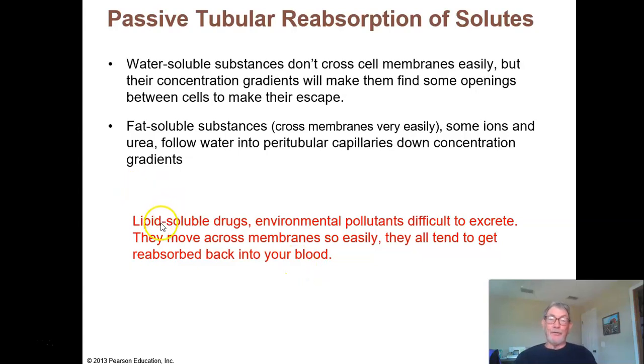Now, that's good if it's something you want to keep, but it's not good if it's not. If you smoke pot and you wait a week and go have a drug test, you'll still have pot in your bloodstream because THC is lipid soluble, and as it goes through the kidney, it just gets reabsorbed back into the blood. You don't pee it out very fast.